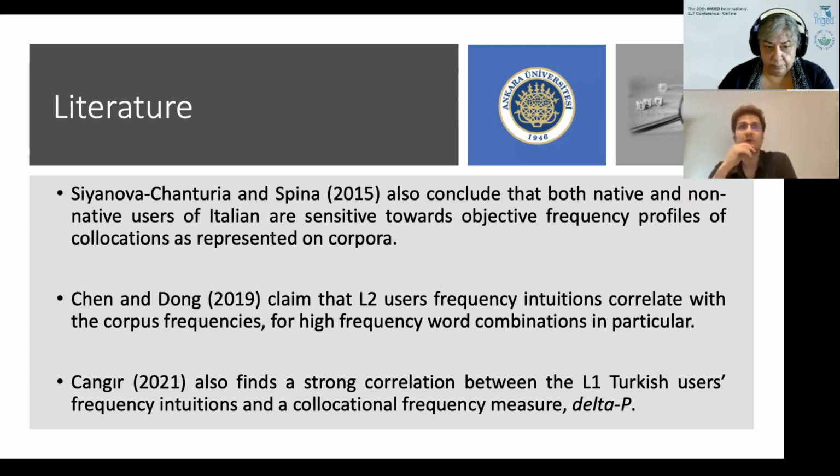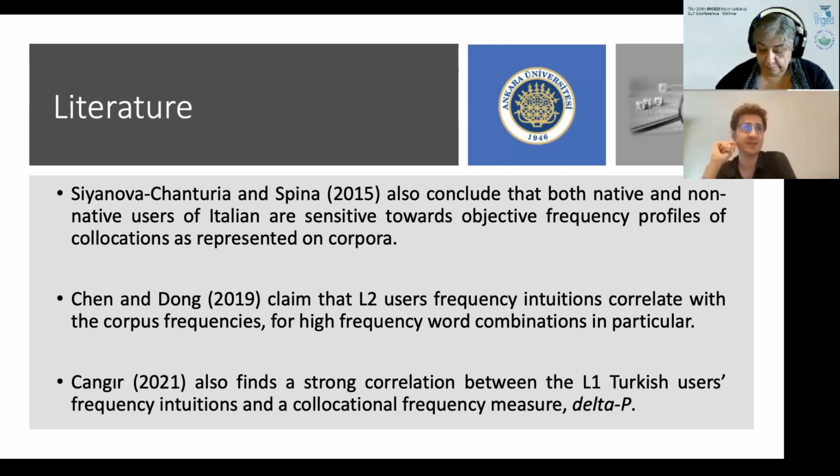Siyanova and Spina also conclude that both native and non-native users of Italian are sensitive towards objective frequency profiles of collocations, which are represented in corpora. Chang and Dong also claim that L2 users' frequency intuitions correlate with the corpus frequencies, but for high frequency word combinations in particular.